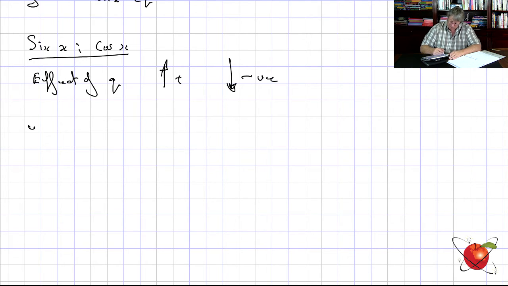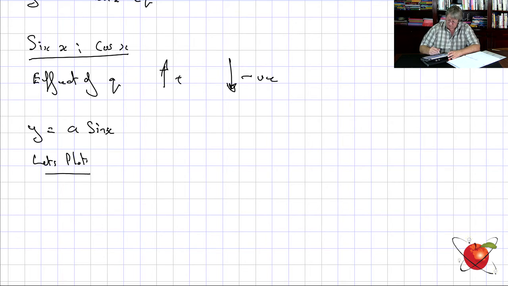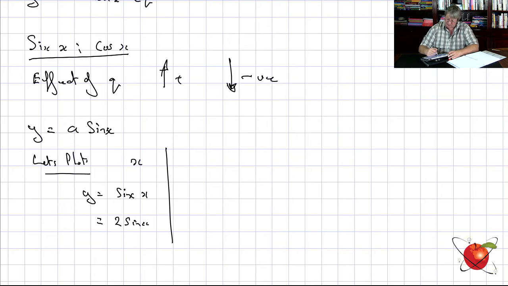We're going to do an example, but those are straightforward. But what about y equals a sine x or a cos x? Let's plot. Remember, you can always plot y equals sine x and y equals 2 sine x, just to get a feel for it.